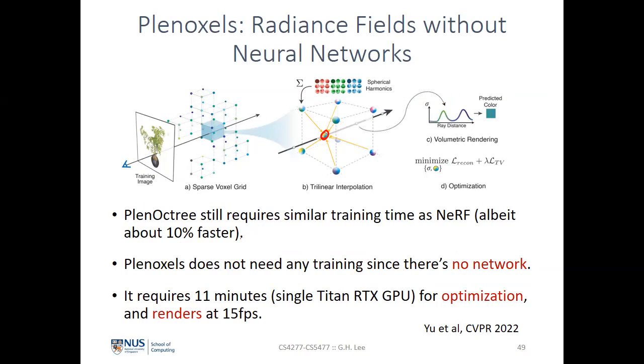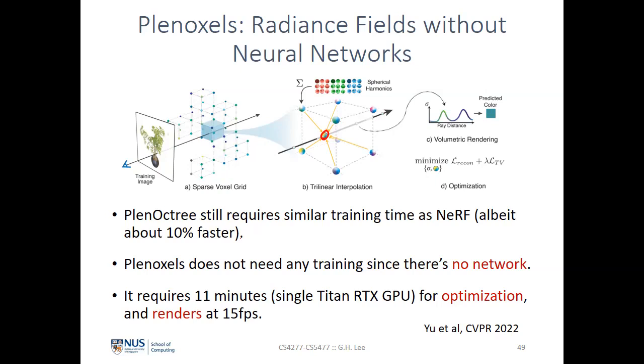They optimize over the volume density here, as well as the final spherical harmonics that you get from the linear interpolation of all these 8 nearby spherical harmonics in that view.